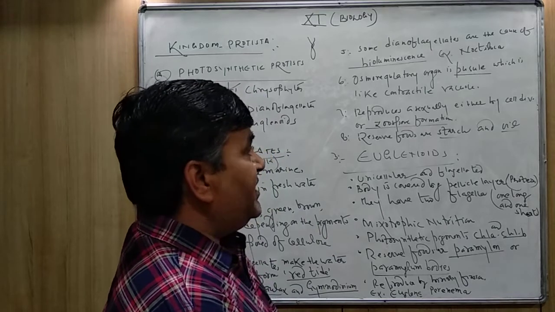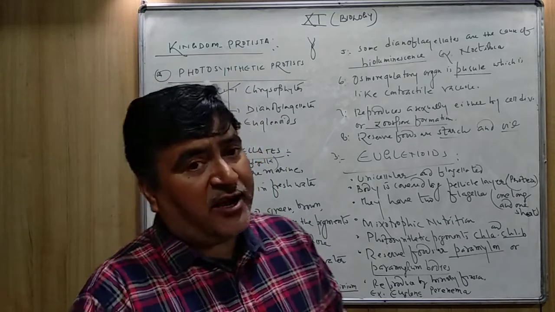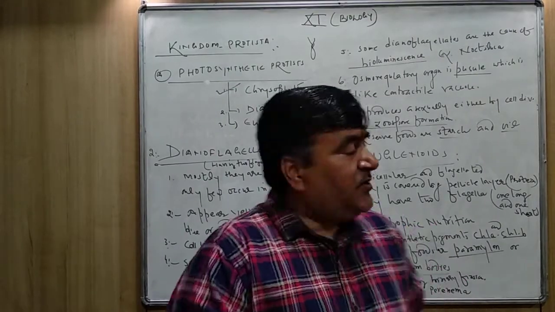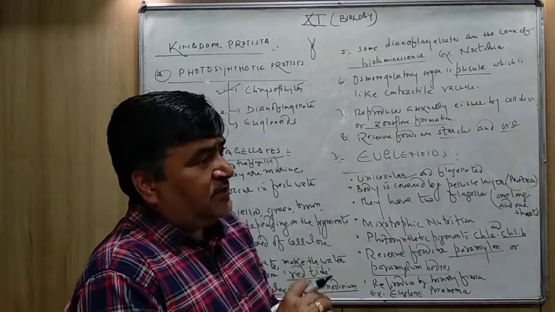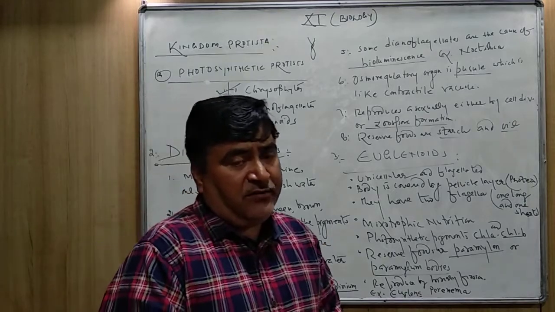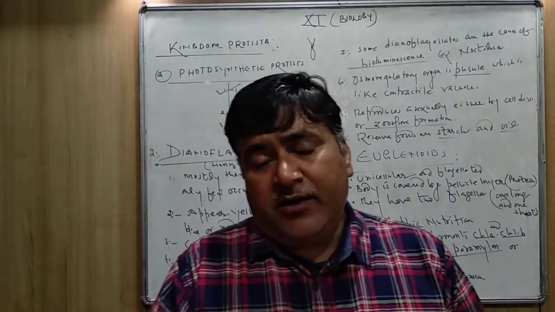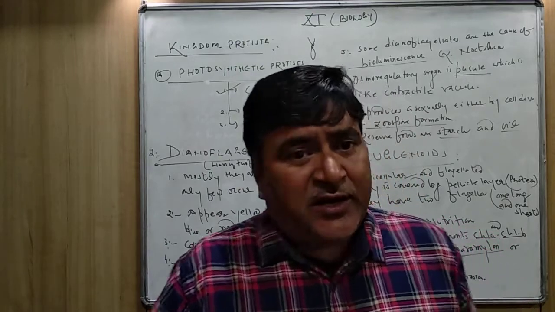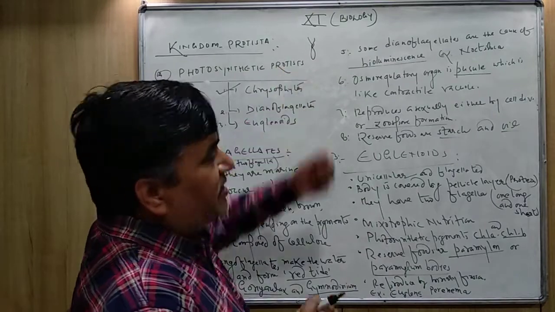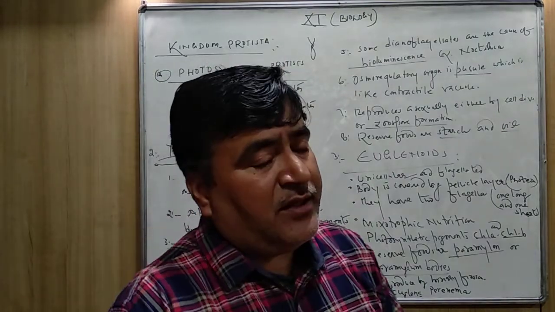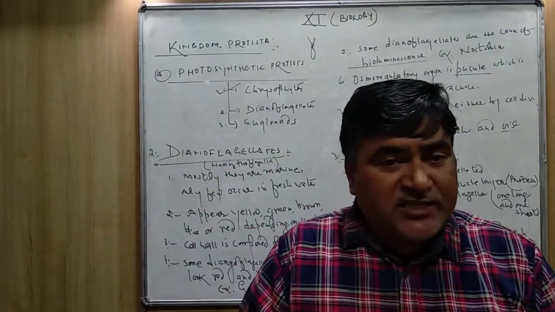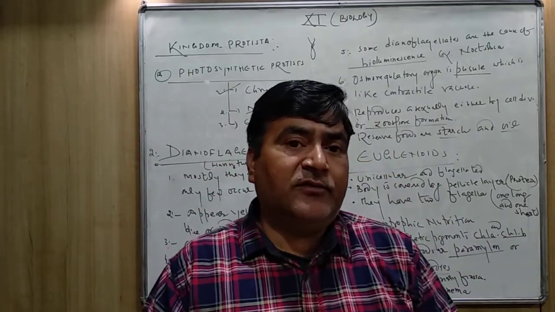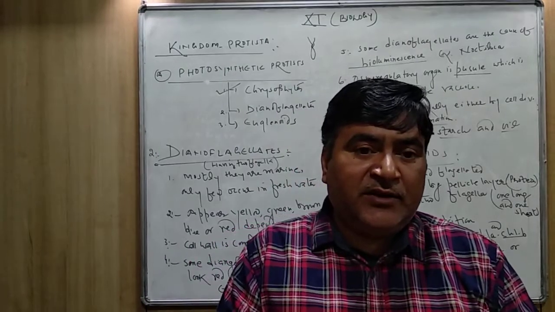The reserve food materials are starch and oil. Because the dinoflagellates and euglenoids, and yesterday we discussed diatoms, all are photosynthetic protists, definitely they synthesize their food by the process of photosynthesis, and when they synthesize the food, it is stored also.